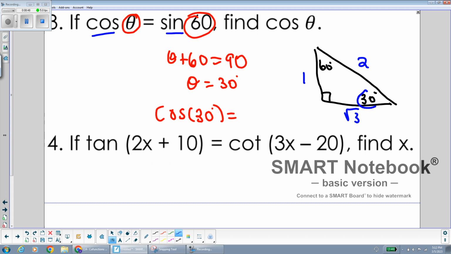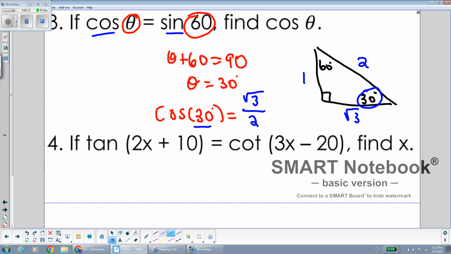So focusing on my 30-degree angle, cosine would be adjacent, which is radical 3, over hypotenuse, which is 2. And that would be my exact value of cosine of 30 degrees, rather than getting that really long decimal that goes on forever that I have to round, which wouldn't be an exact value.